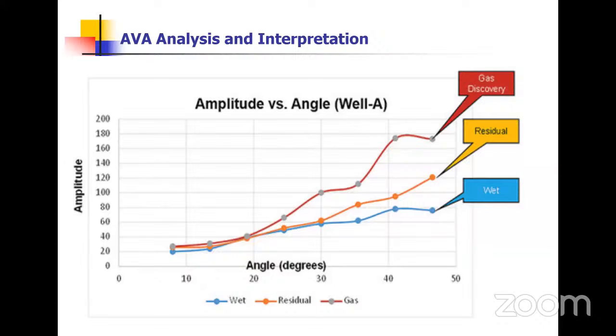From a little below 10 degrees up to 20 degrees, you see that you are unable to differentiate between your gas sand, even your residual and wet sand. But as you move towards the very high angle, you begin to see clear separation.